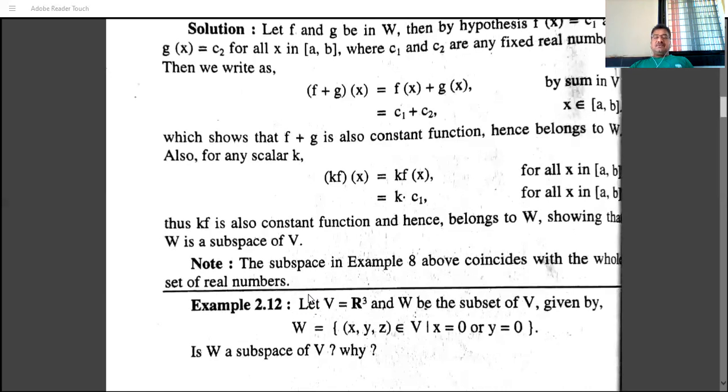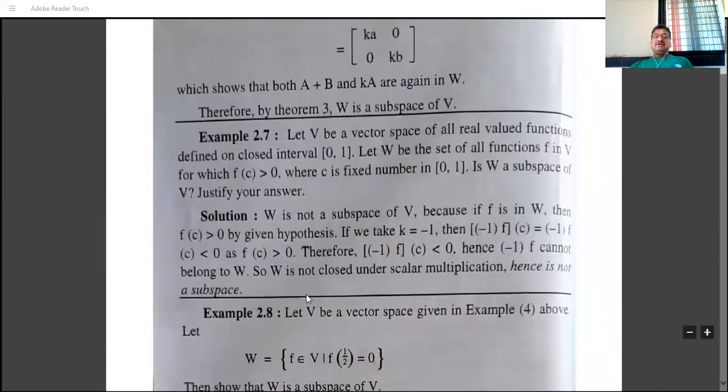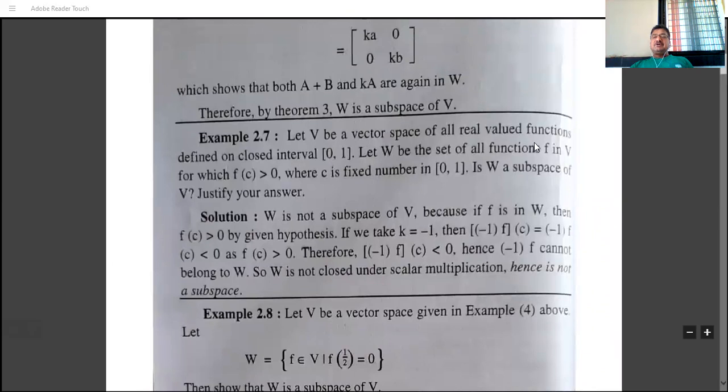Okay. So the set of constant functions is a subspace of V. But observe this example. V is a vector space of all real functions defined on the closed interval [0, 1], or say [a, b], small a and small b. And W is the set of all functions in V for which f(c) is greater than 0, where c is a fixed number in the closed interval [0, 1].